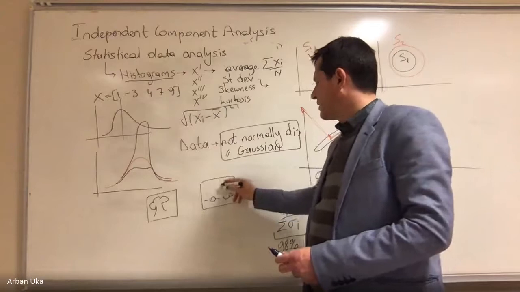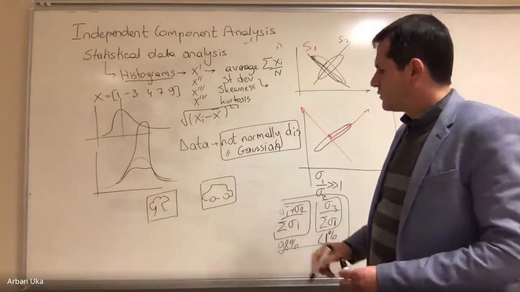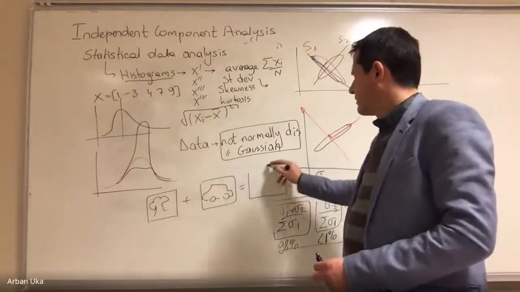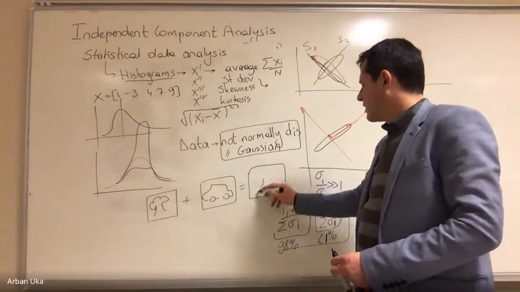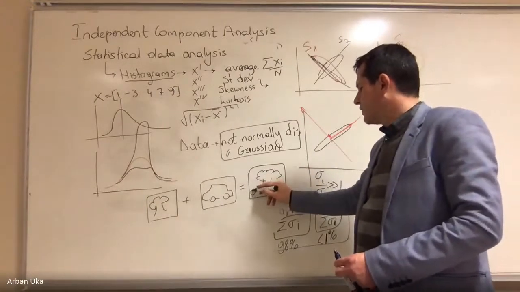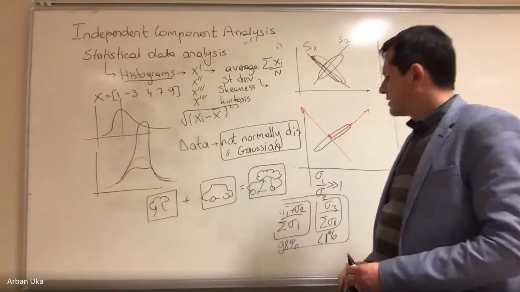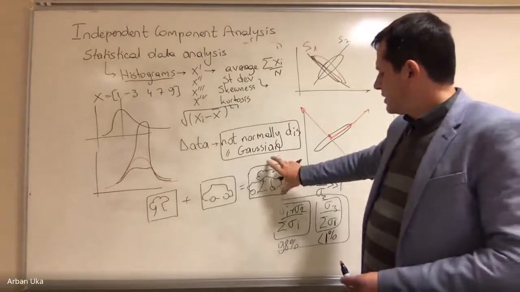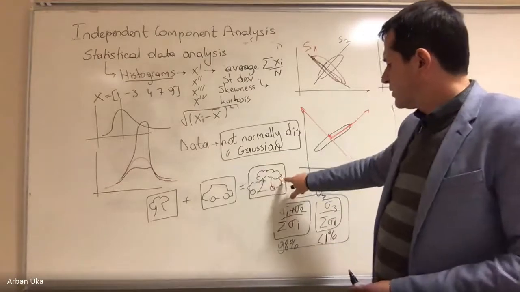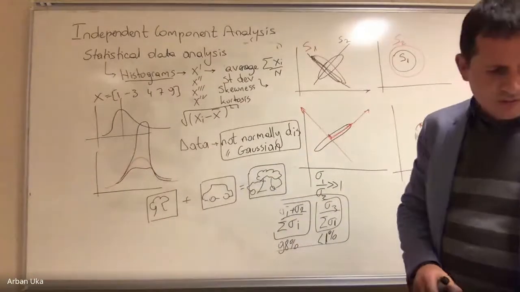We want to add them together, and we might get a tree with the vehicle in front of it. Then we will be given this data, and we'll try to figure out that it is composed of a mixture of these two different images.